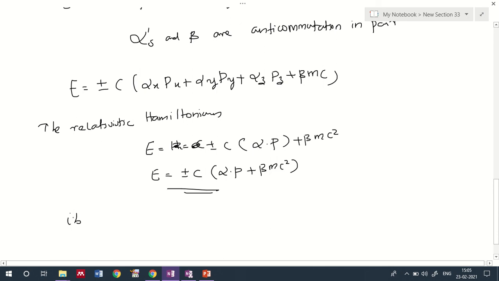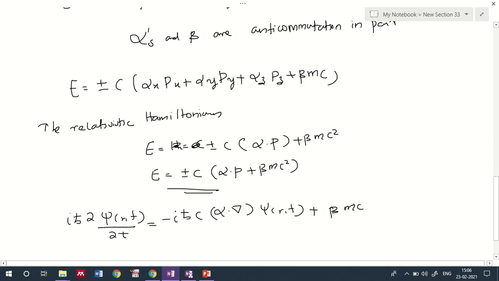According to this relativistic Hamiltonian, the equation we wrote for psi of r,t can be written by replacing P with minus i h cross del: i h cross dou psi of r,t by dou t is equal to minus i h cross c into alpha dot del psi of r,t plus beta mc square psi of r,t. Here E equal to H, and the Hamiltonian can be written like this.